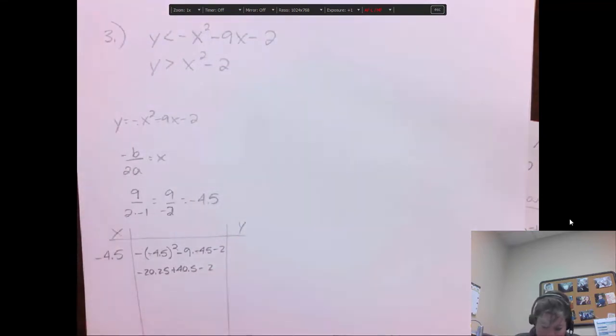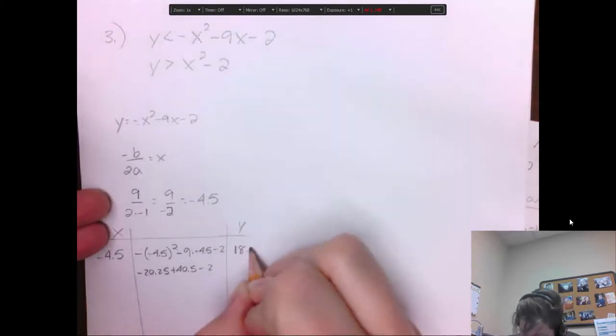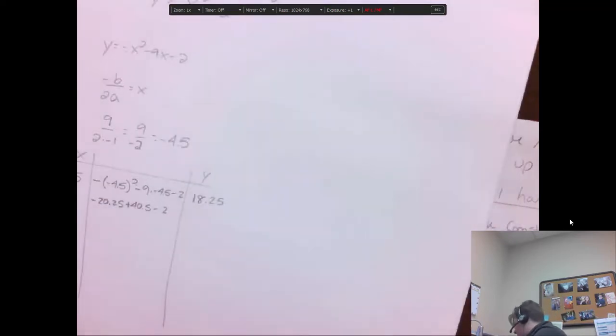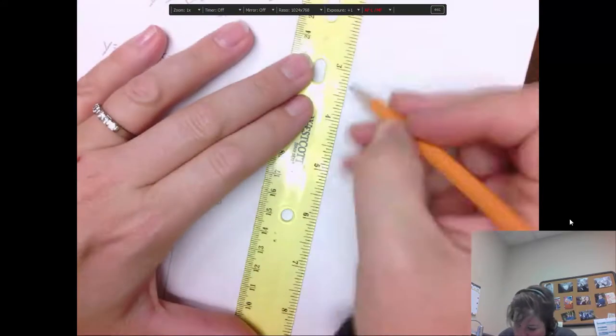So I'm going to take negative 20.25, and I'm going to add it to 40.5, and I'm going to minus 2. And I'm going to get 18.25. So when we go to graph this, hold on, I lost my ruler. When we go to graph this, that's our vertex.